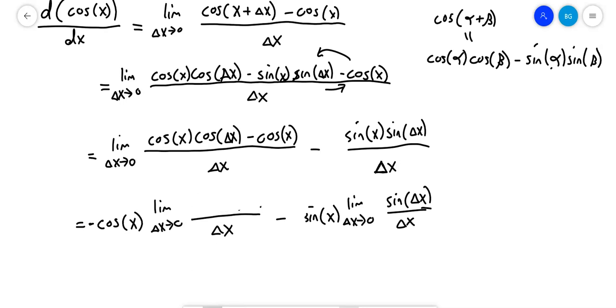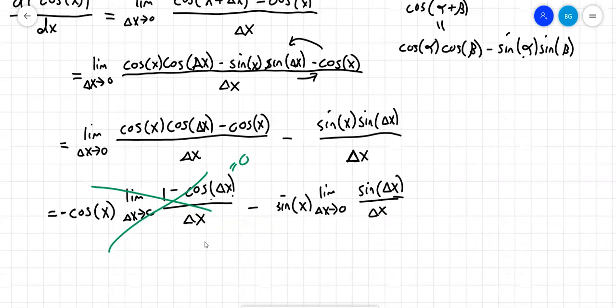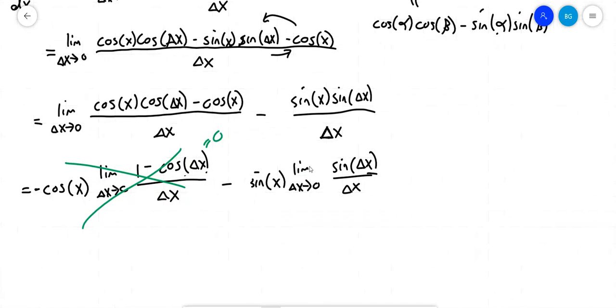And then that allows us to flip-flop this here. And we have that special limit, and we know that that special limit is equal to 0, which makes this entire term go away. And this special limit, we said before, was equal to 1. And so we'll just have minus sine x times 1, which is just obviously minus sine x.